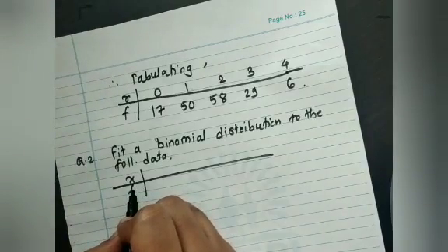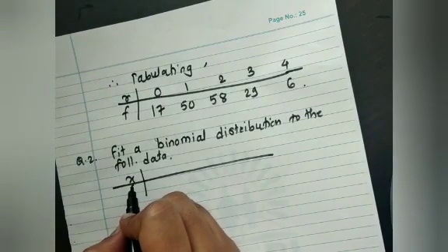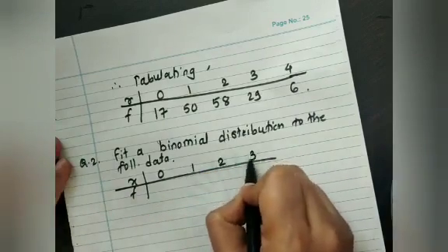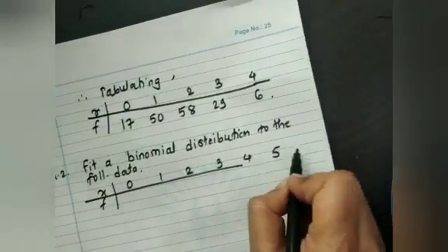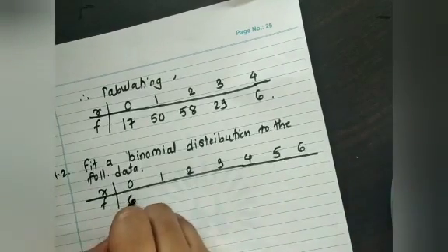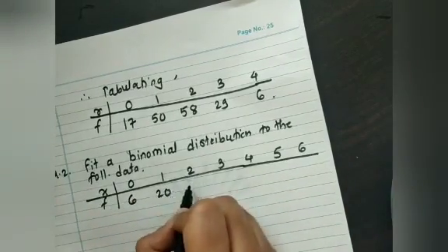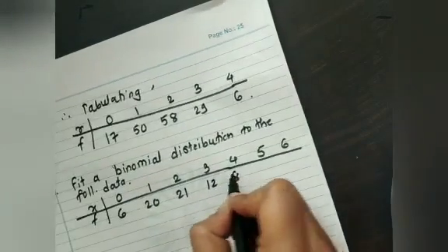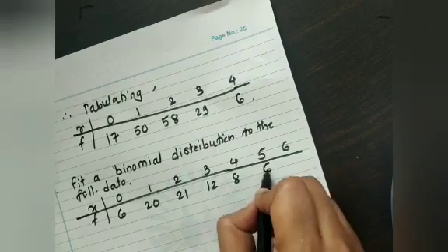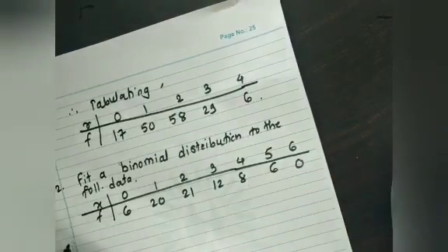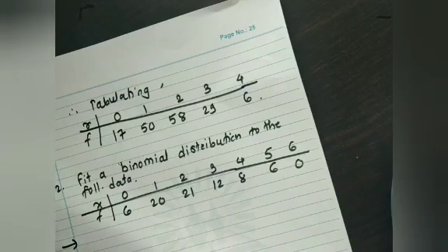X are 0, 1, 2, 3, 4, 5 and 6, and F are 6, 20, 21, 12, 8, 6 and 0. Okay, this is your data given to you.